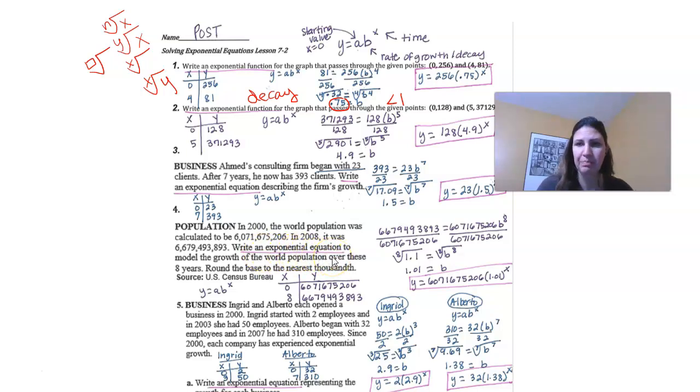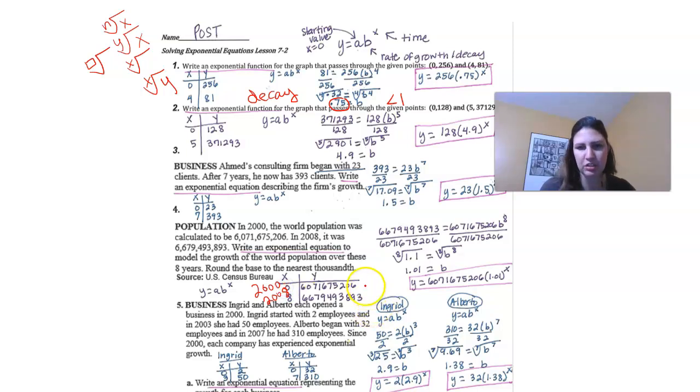The only not great thing about number 4 is that the numbers are really large because it's a population problem. So it's okay. Once again, it's starting at year 2000 and then you're moving to year 2008. So the older one is your starting value. So 2000 is your x value, and then 2008 is your second x value, right?